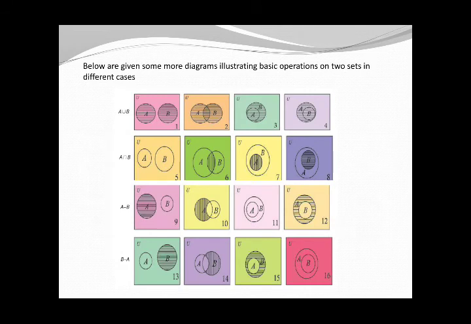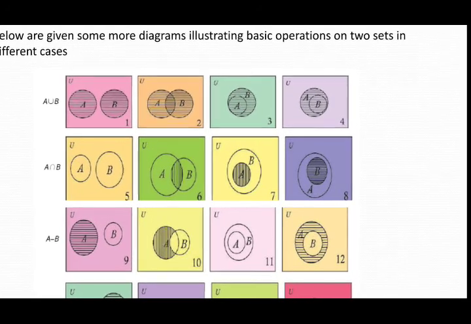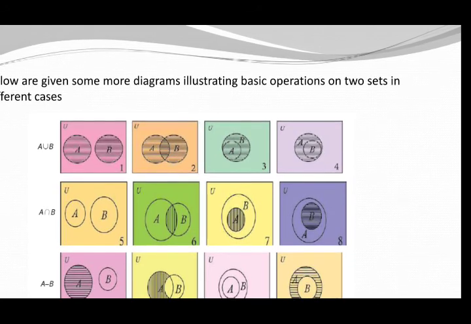Next, these are all the possibilities when two sets are given. In the first box, A and B are disjoint. In the second, A and B are overlapping. In the third one, A is a subset of B, and in the fourth, B is a subset of A. In union, you shade all these circles.